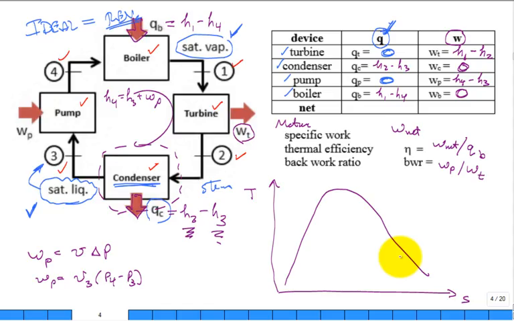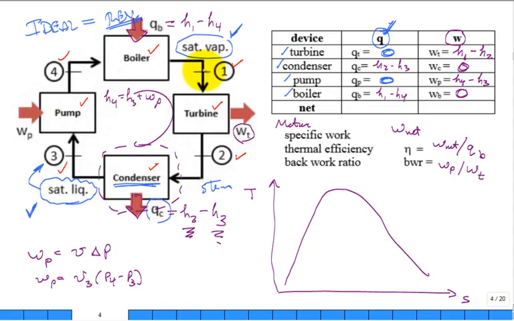So there are 2 devices in this cycle that change the pressure, and then 2 devices where the inlet pressure and the outlet pressure are approximately the same. What 2 devices do not change the pressure of the fluid flowing through them? That's a key observation.